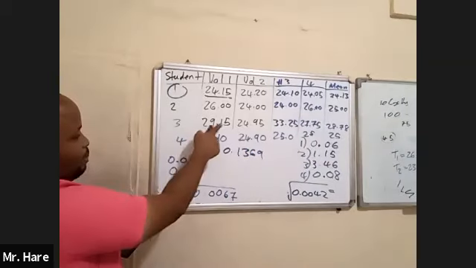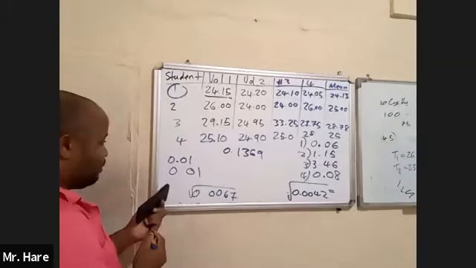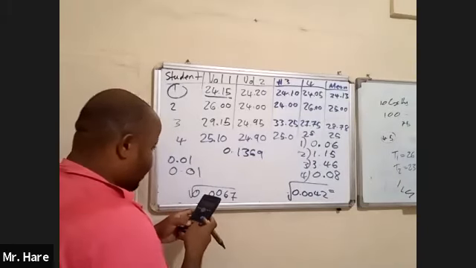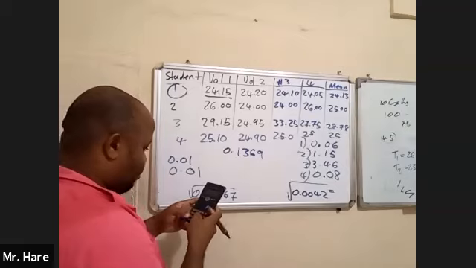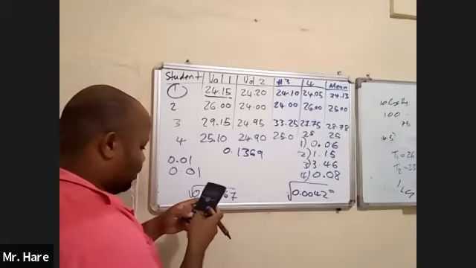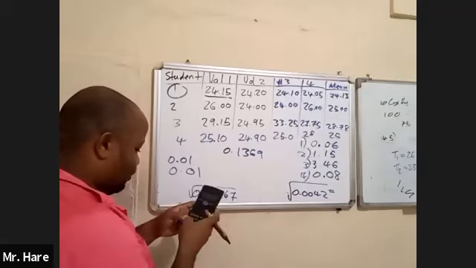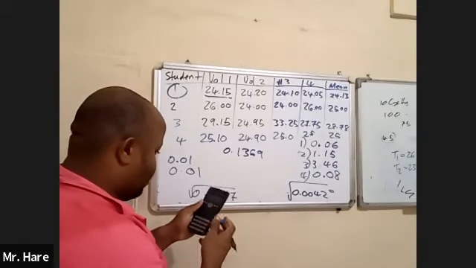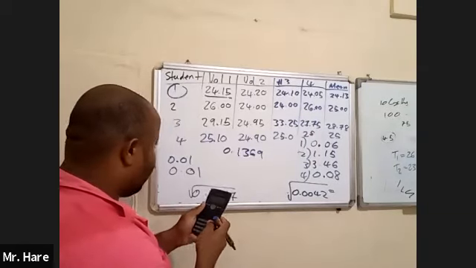That's for the 29.15. Then 24.95 minus 28.78 squared.